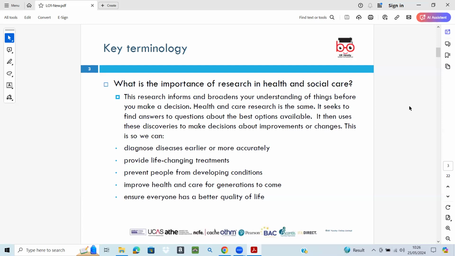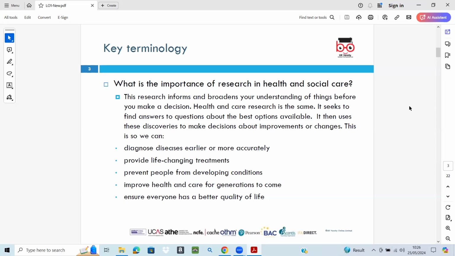Then providing life-changing treatments. By testing and validating new treatments, research provides options that significantly improve patient outcomes. Then we have preventing conditions, which means preventing people from developing conditions. Research helps in identifying risk factors and implementing preventive measures to reduce the incidence of diseases.